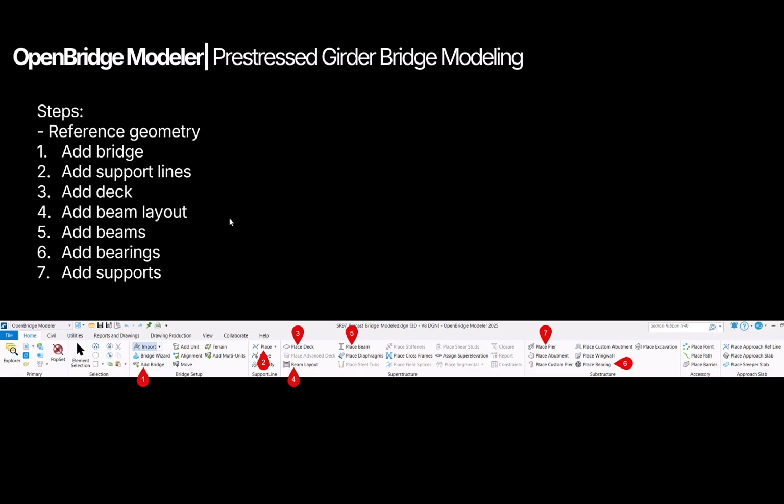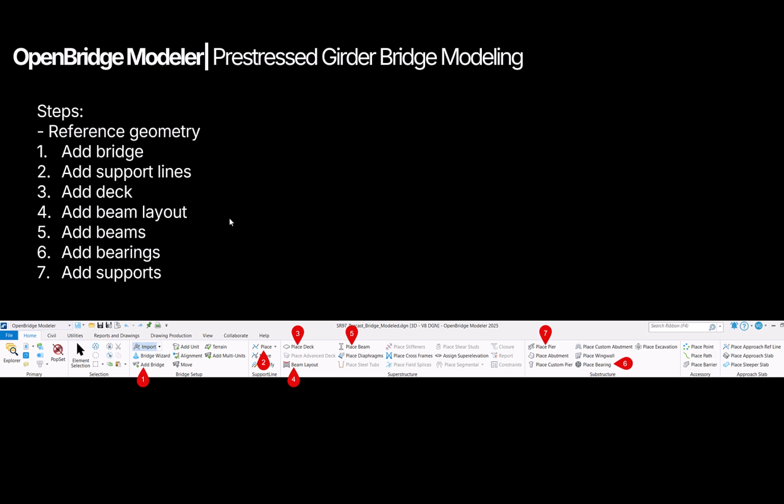And then from the top down, we place a bridge deck. Then we build a beam layout, so how the beams are going to be arranged, the number of beams that we're going to use. On step 5, we apply the typical section of the beam through the beam layout.